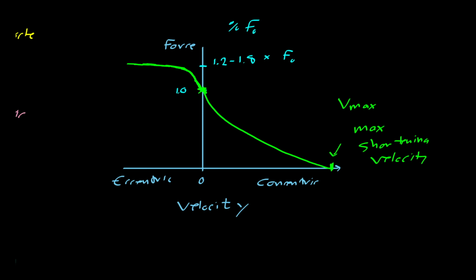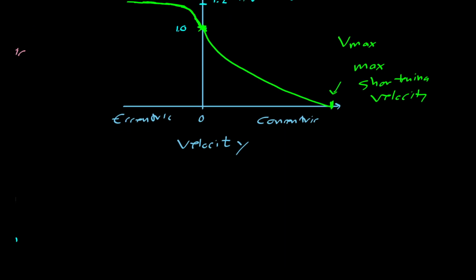And there was one more piece to this graph, which we saw was the power output. So from this, we derived one more graph, and the graph looked as follows.